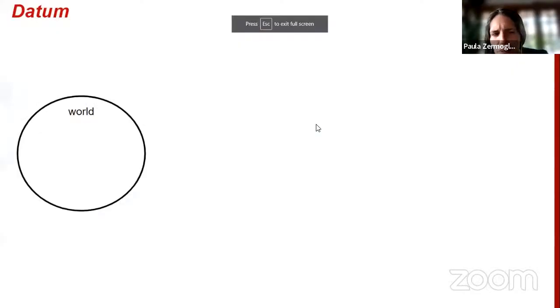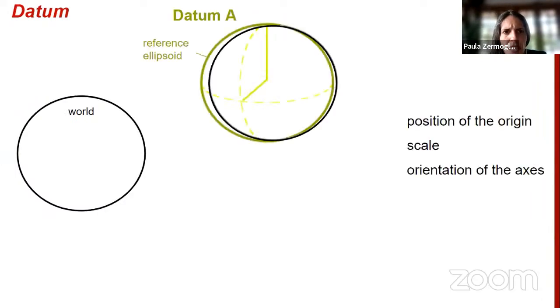I will go back a little bit to the theory behind it. So the datum is setting the position of the origin, the scale, and the orientation of the axis that we're going to use as a reference to put our coordinates.